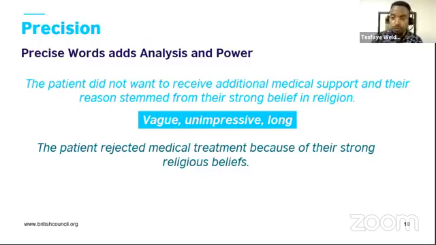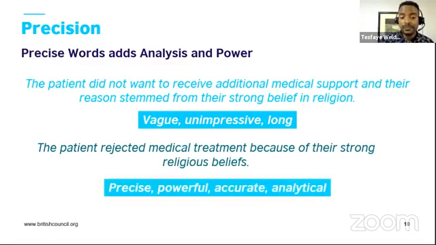So you can see the formal language there as well, as in their instead of his or her. Did not want to is replaced by rejected. Shorter, easier to understand. It's precise, powerful, accurate, and a bit more analytical, giving us the reason there with clarity.